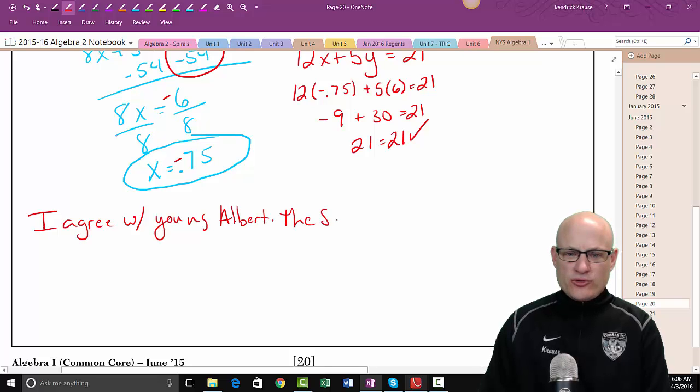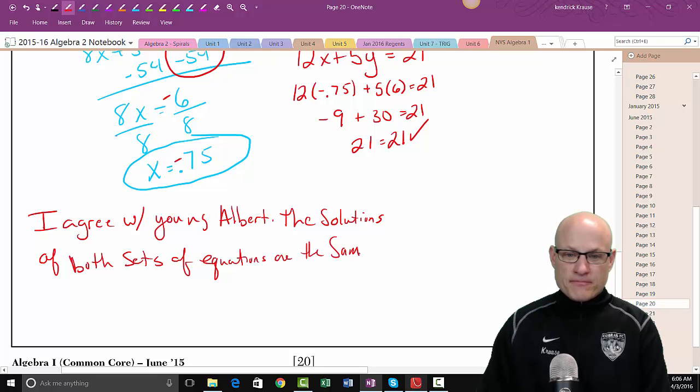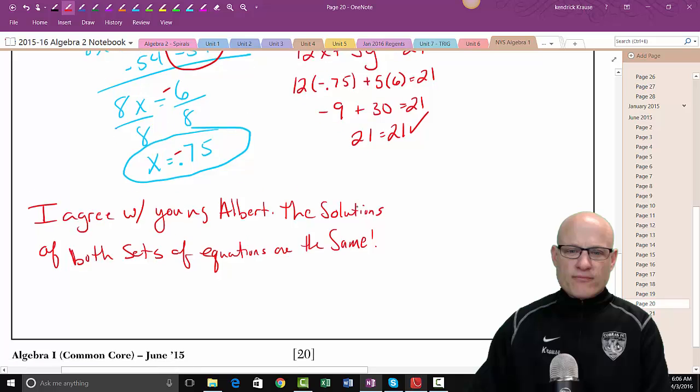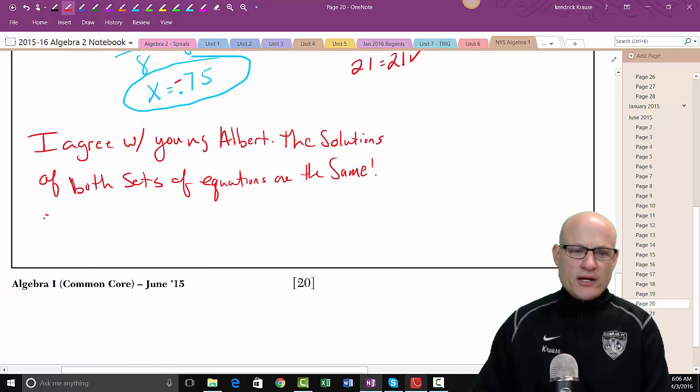The solutions of both sets of equations are the same. Therefore, he is a math god.